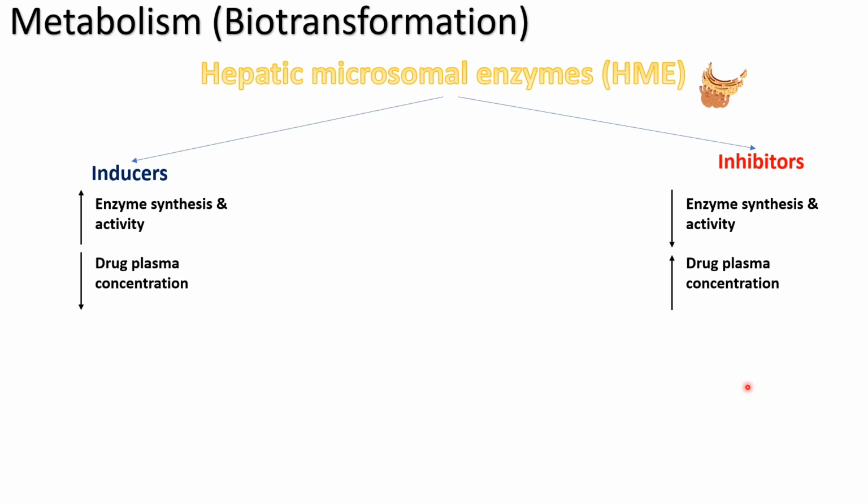So now let's take examples of drugs that are inducers and drugs that are inhibitors. For the inducers, we have the drug phenobarbital. This drug is a hypnotic drug, a drug that induces sleep.